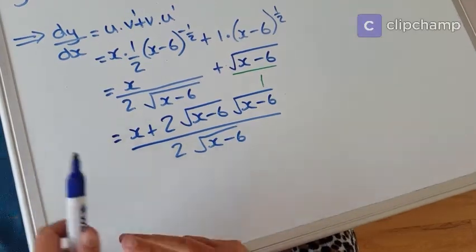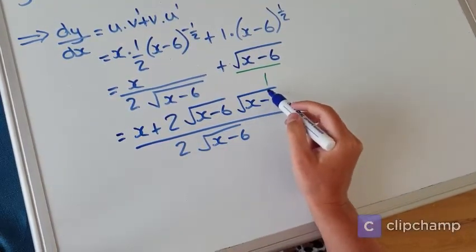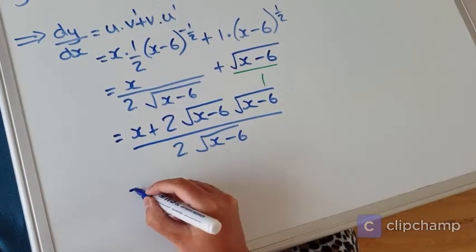If we multiply the root of something times the root of itself, then you just get that term itself.